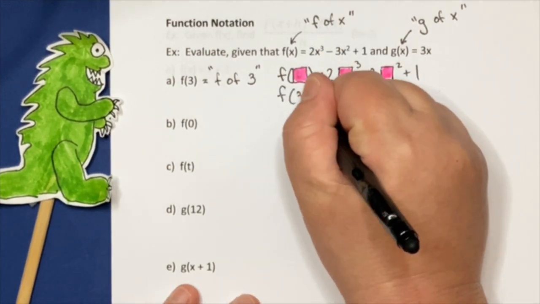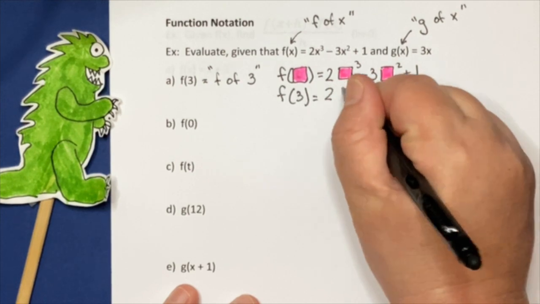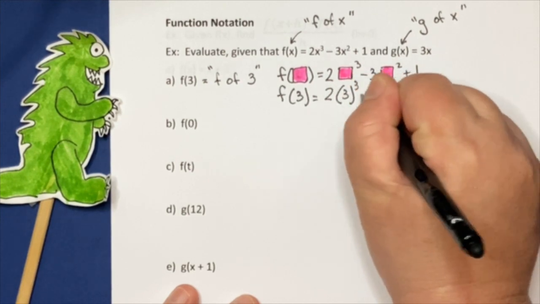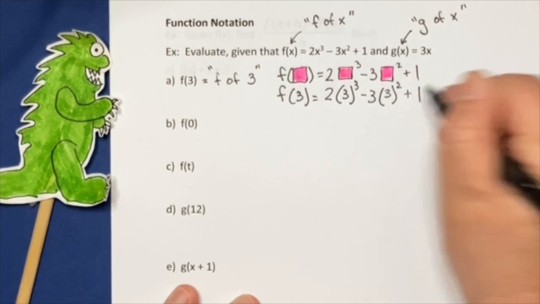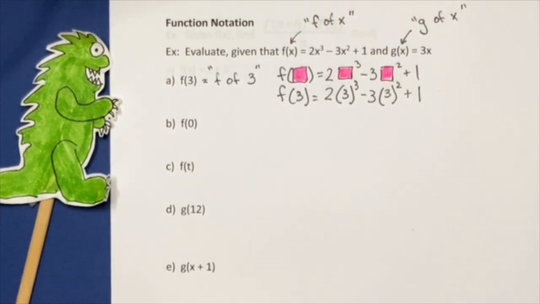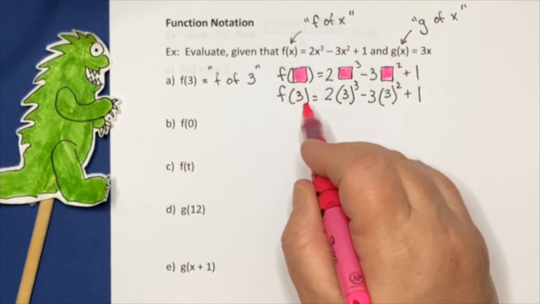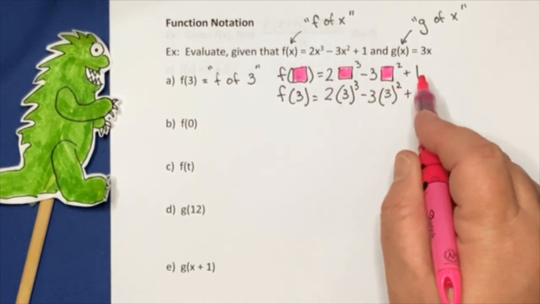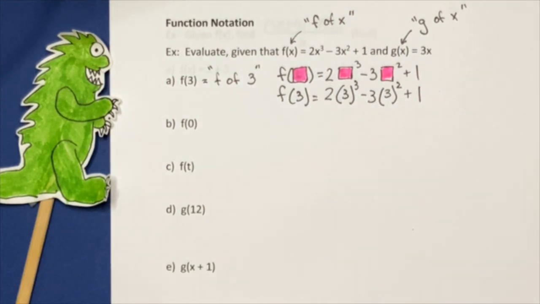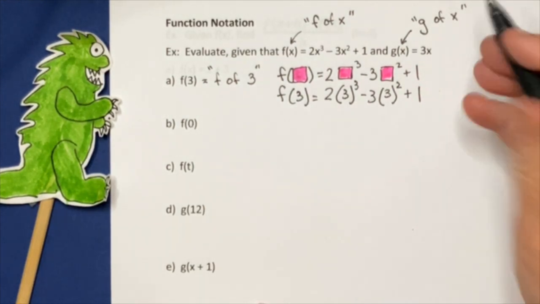Okay, so that's going to be equal to 2 times 27 minus 3 times 3 squared, which is 9, plus 1. So that's 2 times 27, that's 54, minus 27 plus 1. 54 minus 27 is 27, plus 1 is 28.